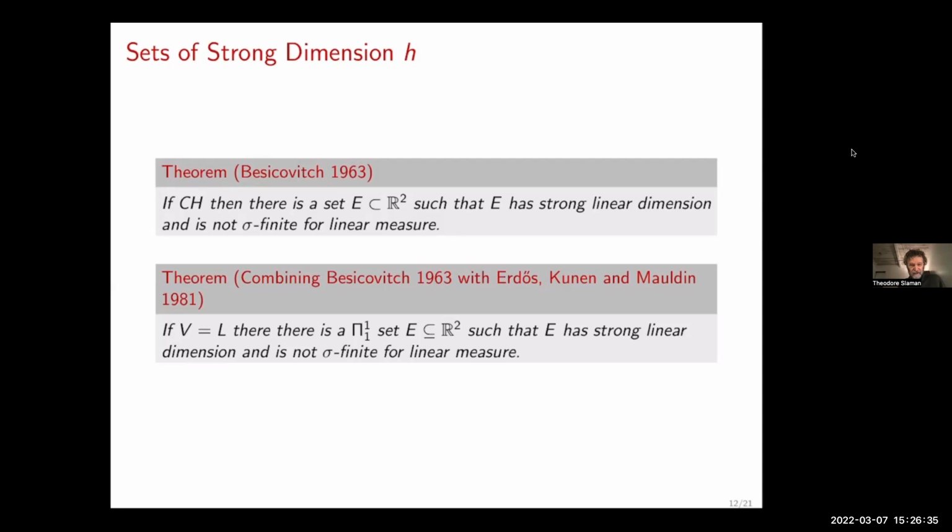So it's an uncountable union of line segments, and using CH, the way that they are put together yields strong linear dimension. If you assume V equals L, then you can do that amalgamation in a way that the resulting set is Pi-1-1.